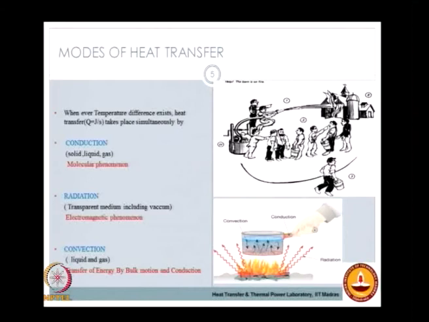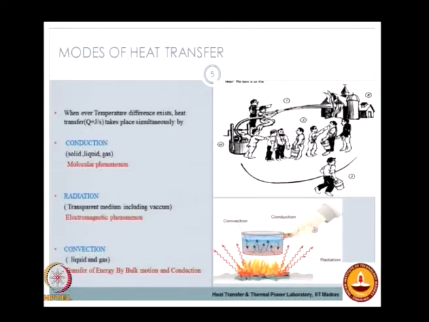And in fact you cannot really say that a particular mode is always important, because if you look at any real life process, for example if you boil water in a pan, all the 3 modes of convection, conduction and radiation act simultaneously.